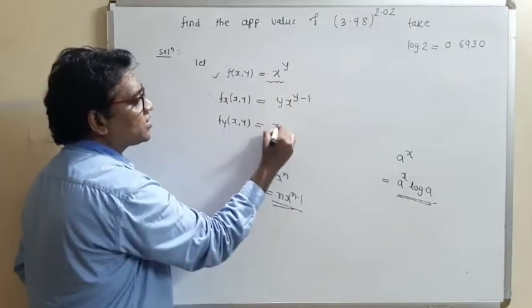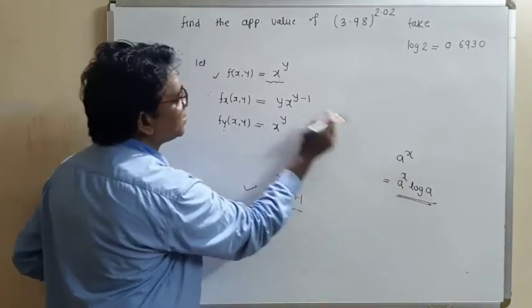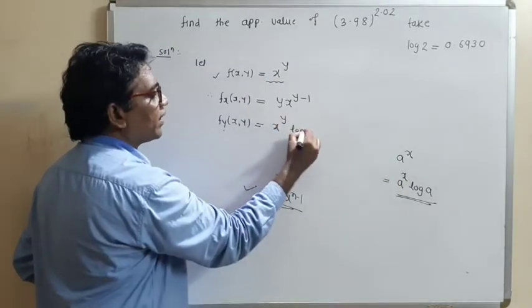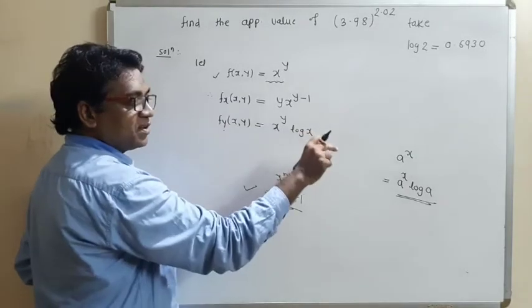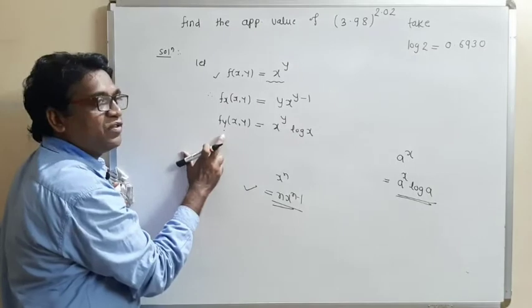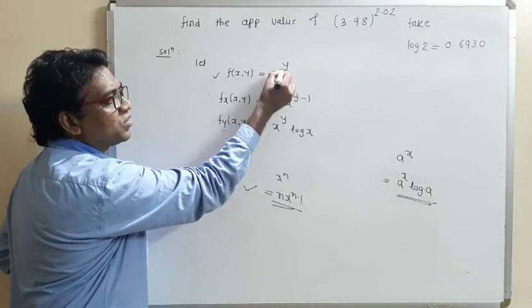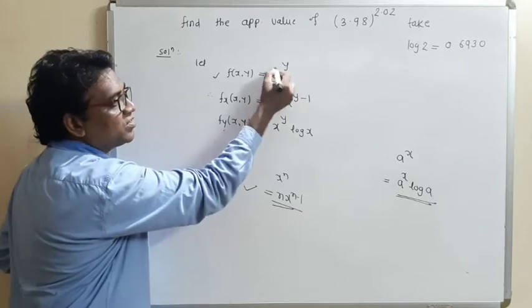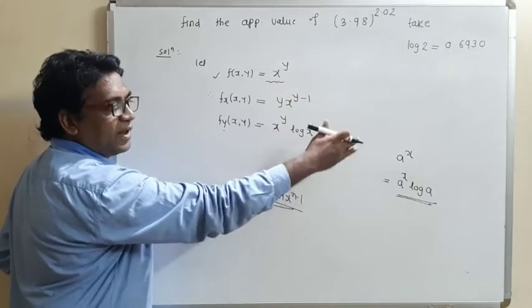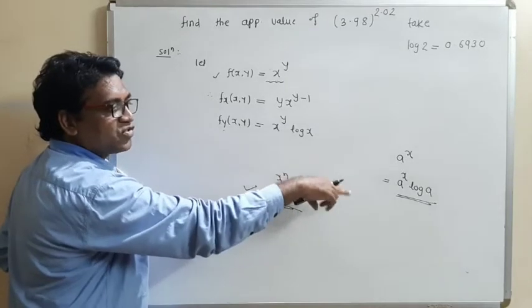So this is x raised to y, the same term, into log a. This is a constant term, so this is log x. So use this particular formula. Partial derivative with respect to y means we keep x as a constant. So this is just like a raised to x, and the derivative of a raised to x is a raised to x into log a.